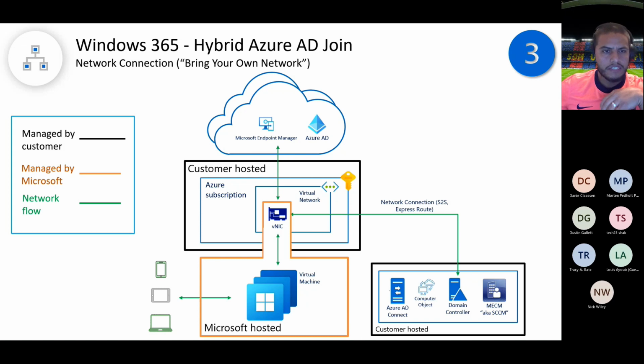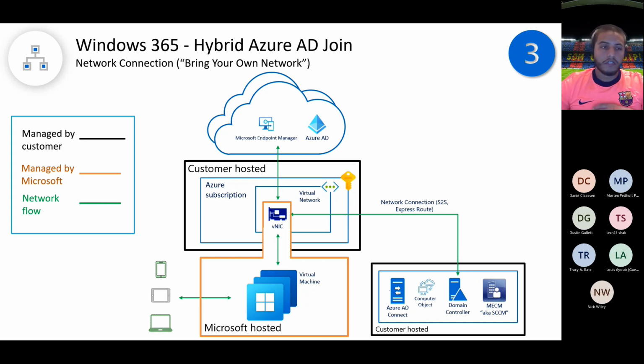So let's see, what do we need to accomplish this design? From a customer design, we also need an Azure subscription, right? As we saw on the second design, we need a virtual network dedicated to the Cloud PCs, a subnet where you're going to be deploying those Cloud PCs. We also need an on-premise environment where the customer is going to be deploying the Azure AD Connect, which will allow the synchronization of that Cloud PC computer object.